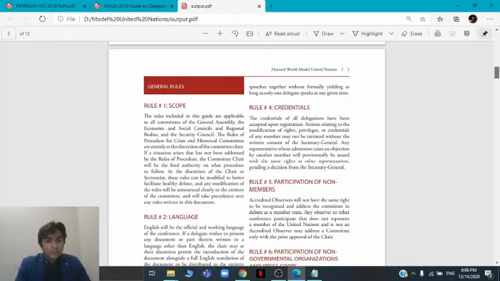Rule number one is scope, and it clearly says that all the rules present in this specific document can be applied to the General Assembly, all committees of the General Assembly, the Economic and Social Council, regional bodies, and the Security Council.